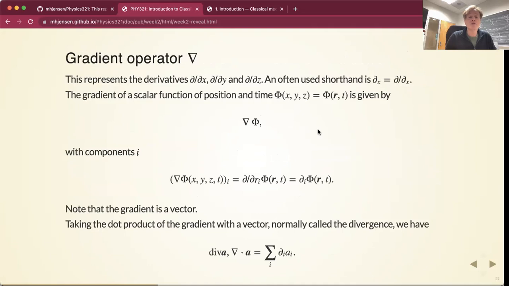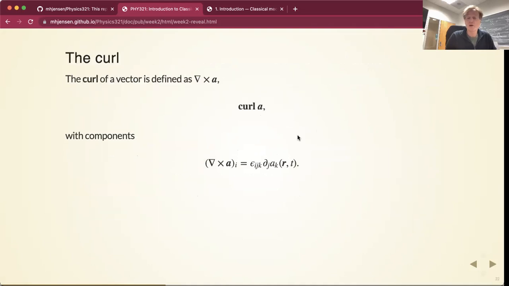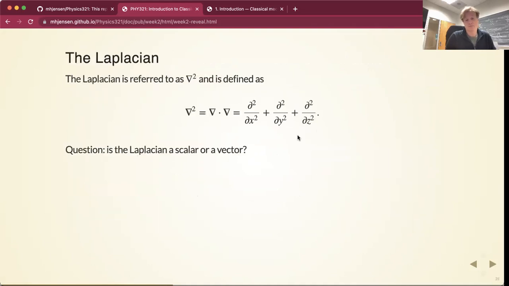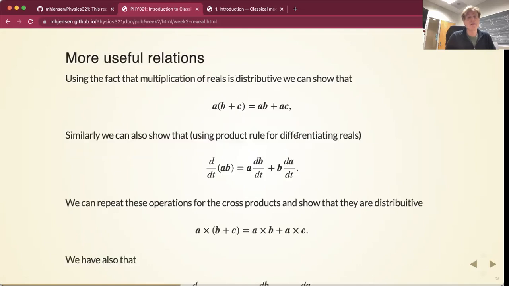There are examples of other quantities like the gradient operator, the divergence, the curl, and also the Laplacian. The Laplacian is a scalar. These are quantities which you are going to encounter again and again in this course. So take a look and remind yourself of some of these quantities. And in the exercises, you're going to actually use some of these equations. You will need them in order to prove some of the relations.